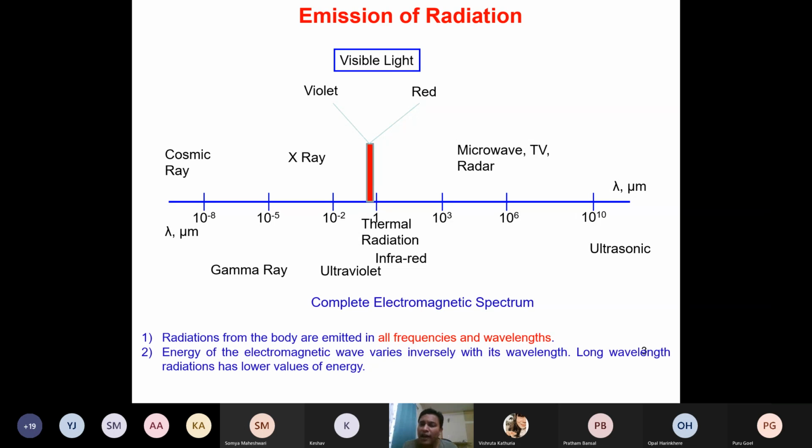That means if I take 1 upon 10^10, it is going to be a very low value compared to 1 upon 10^-8. So the energy of an electromagnetic wave varies inversely with its wavelength. Long wavelength radiation has lower values of energy, and shorter wavelength waves have a higher amount of energy. Okay.